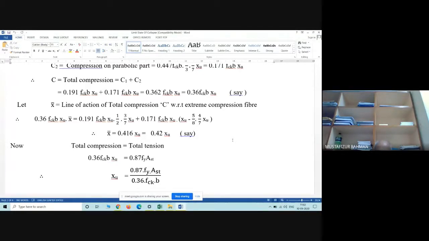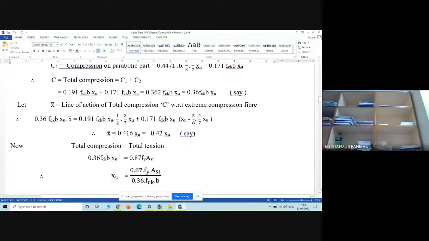Up till now we do not know the neutral axis depth, so it is unknown. This is also available in IS 456. Now our interest is to find the value of xu.